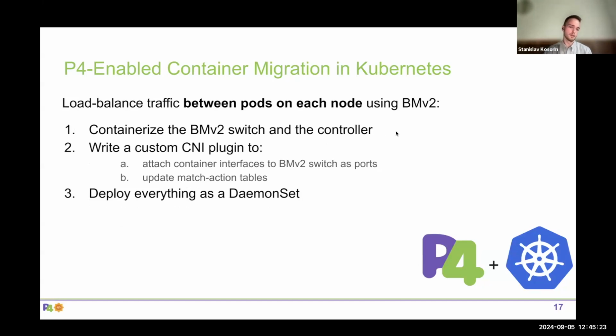The harder part was writing a custom CNI plugin which would attach container interfaces to the BMV2 switch as ports, essentially acting as a bridge, and then updating the match action tables, firstly for adding the containers so that the switch load balances between different pods or containers.